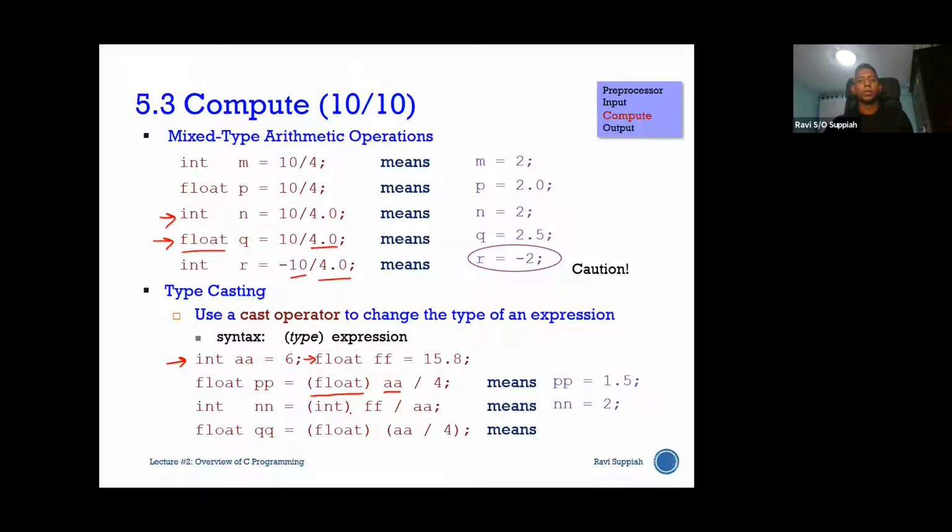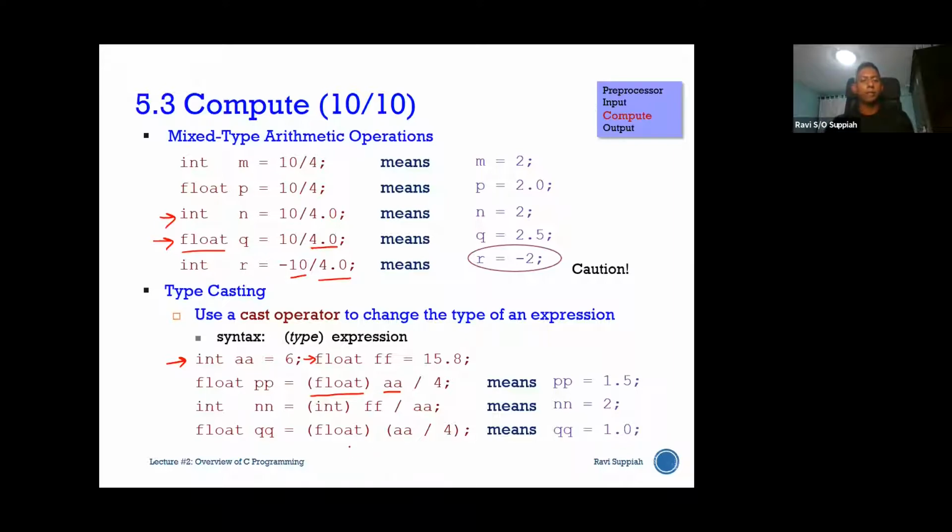Since I am casting it as an integer, for this operation I discard the decimal values, so I treat it as an integer, which is 15. And I divide it by 6, and I will get 2 point something. Since it is now treated as integer divided by integer, I only get the integer result. So the value is an integer over here.